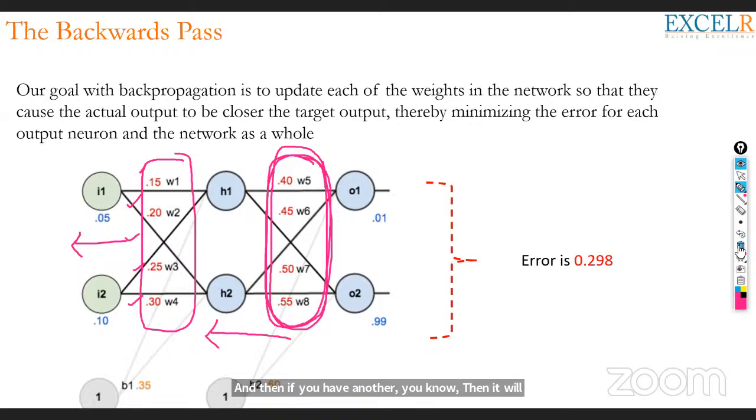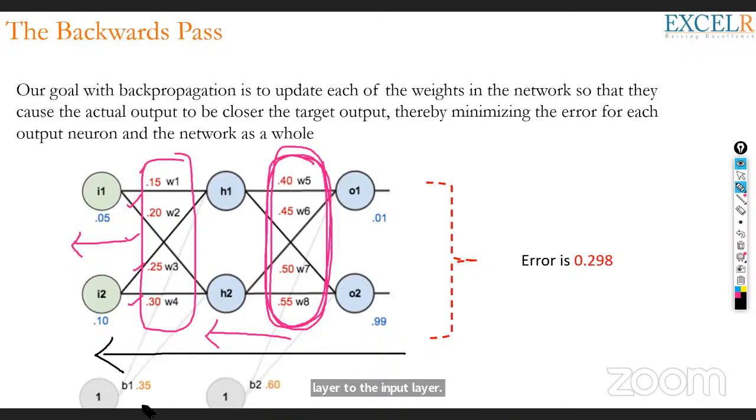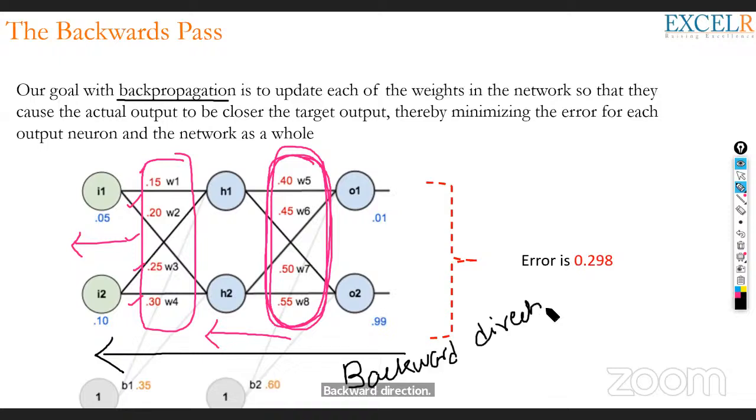That means the weight optimization is performed from the output layer to the input layer, in this direction, that is the backward direction. That's why the method is called back propagation. Backward direction means from output layer to input layer.